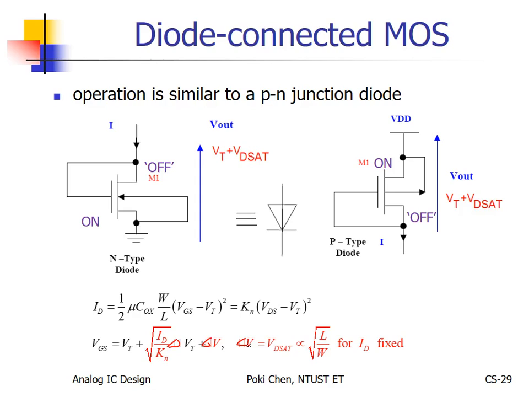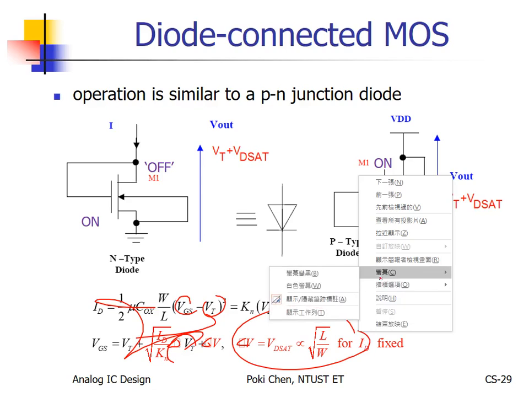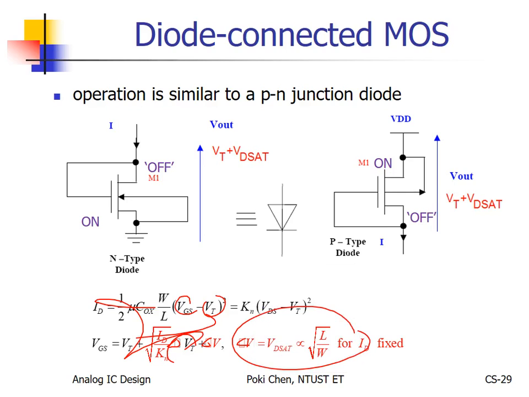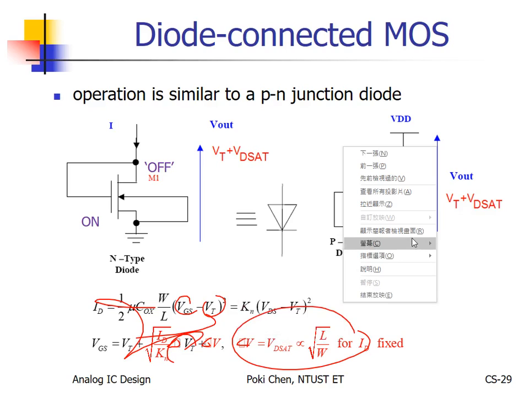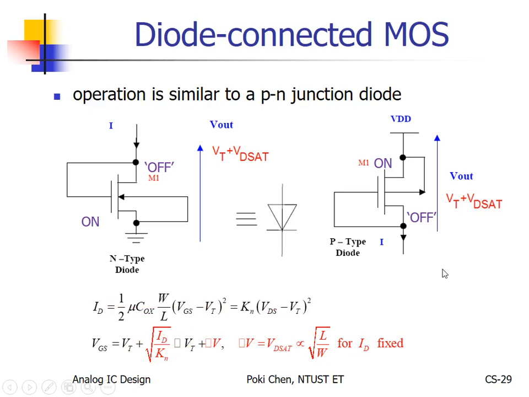Delta V means the difference between your VGS and your VT, because VGS needs to be larger than VT by delta V. After derivation, I hope this is what you need to memorize.